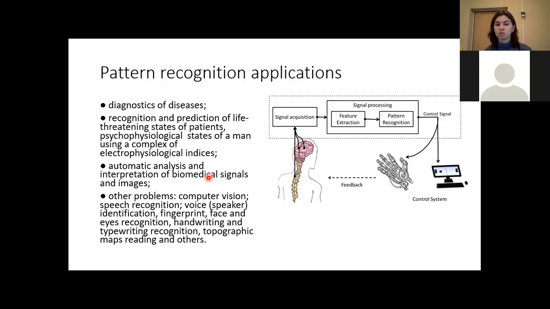Also, an interesting application is voice-to-text recognition when the doctor has a patient. It takes a lot of time to type something. There are some systems which allow recording the speech of the doctor, who just says something during the examination, for example, "I'm doing this, this, and that." And the system recognizes the words and prints them into the report about the patient.